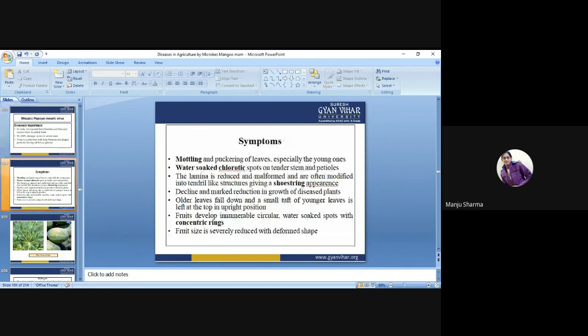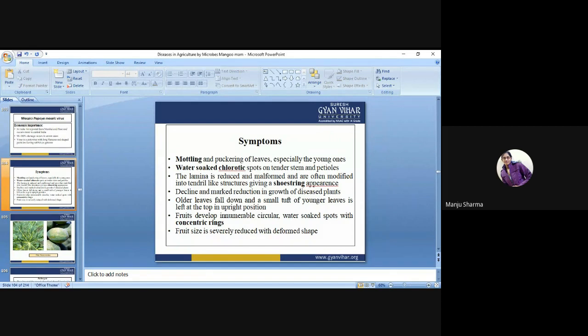The symptoms are mottling and puckering of leaves, especially the young ones. Then water-soaked, chlorotic spots on tender stems and petioles. The lamina is reduced and malformed, often modified into a tendril-like structure, giving a shoestring appearance.